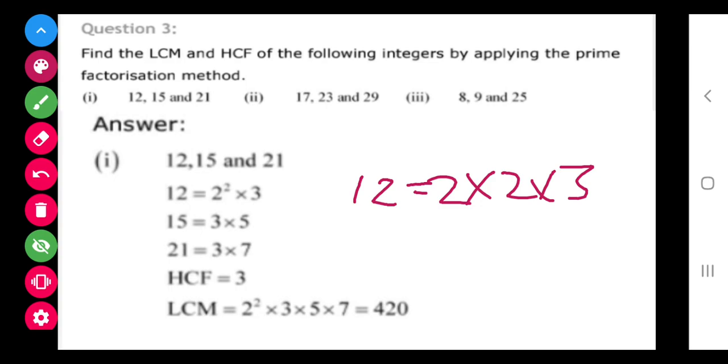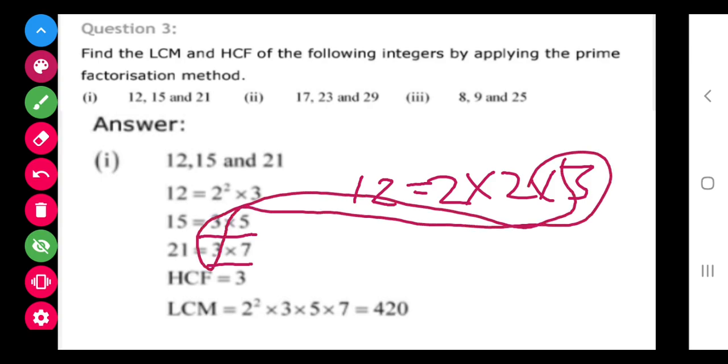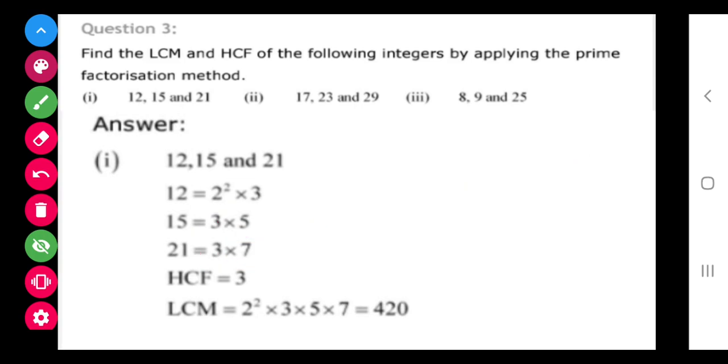Now 15 is equal to 3 into 5, 21 is equal to this. Now the HCF will be what should be common in all three. Okay, so only what is common in all three. Okay, this and this. So finally, HCF is 3.